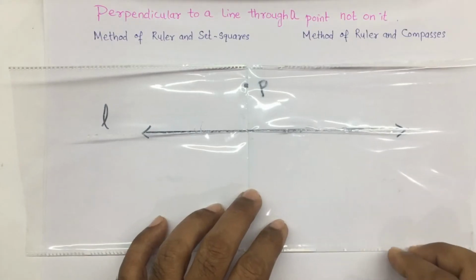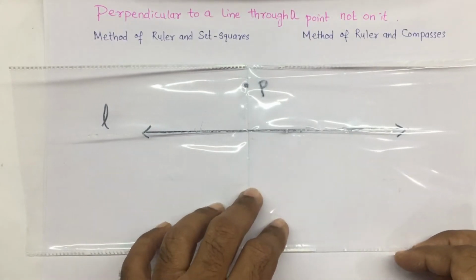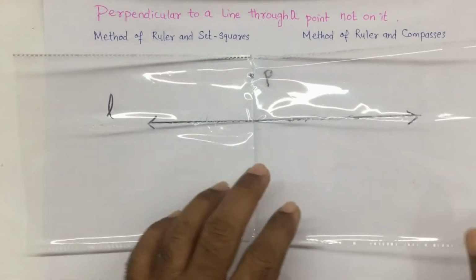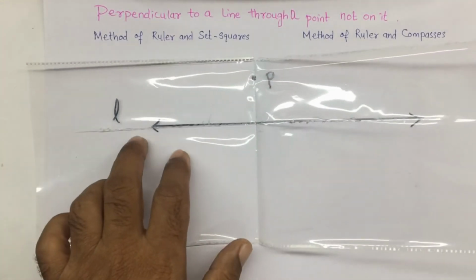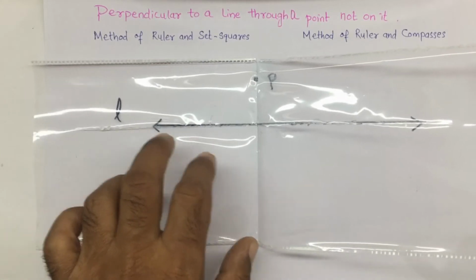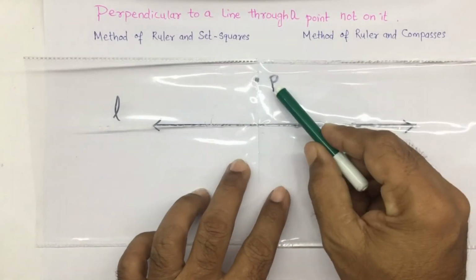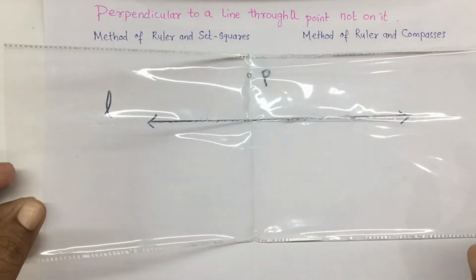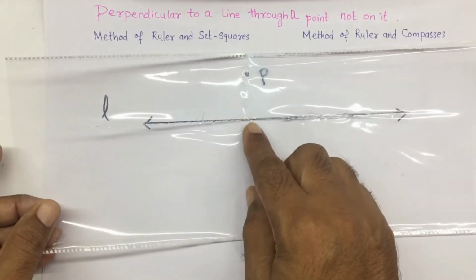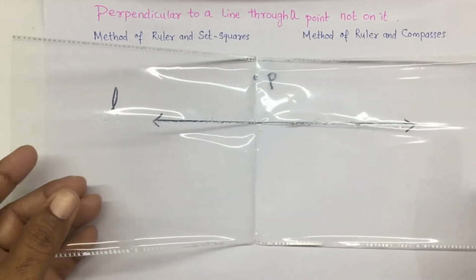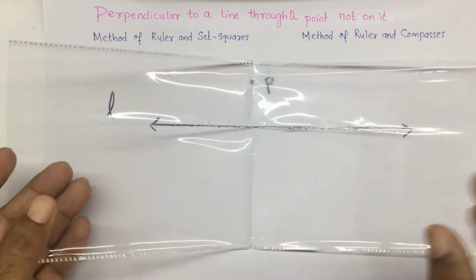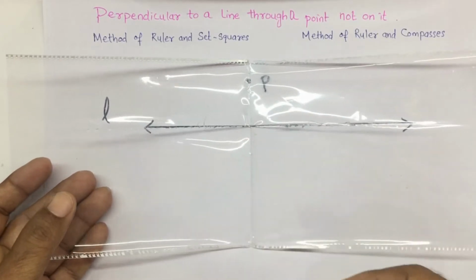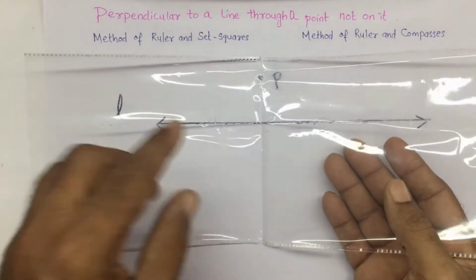We can even draw a perpendicular using the paper folding method. You take a transparent paper where L is the given line, and P is a point through which we have to draw a perpendicular, which is not on the line. Just as you completed the previous paper folding, you can do that now.